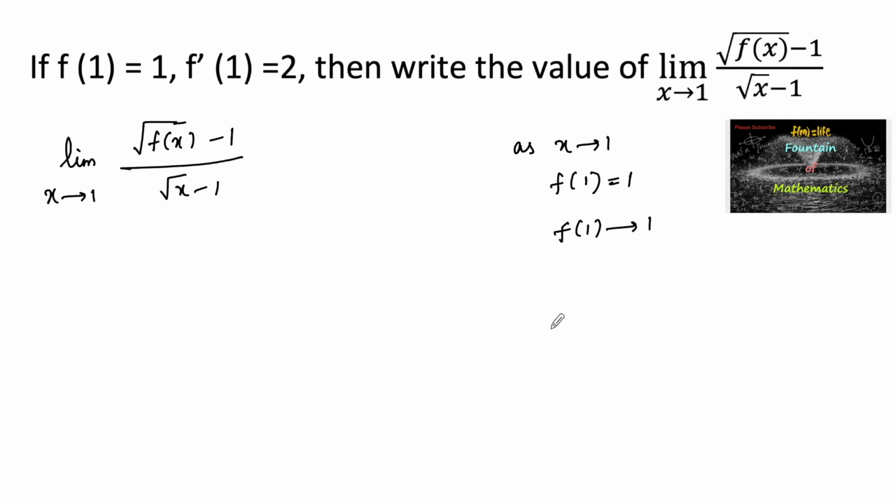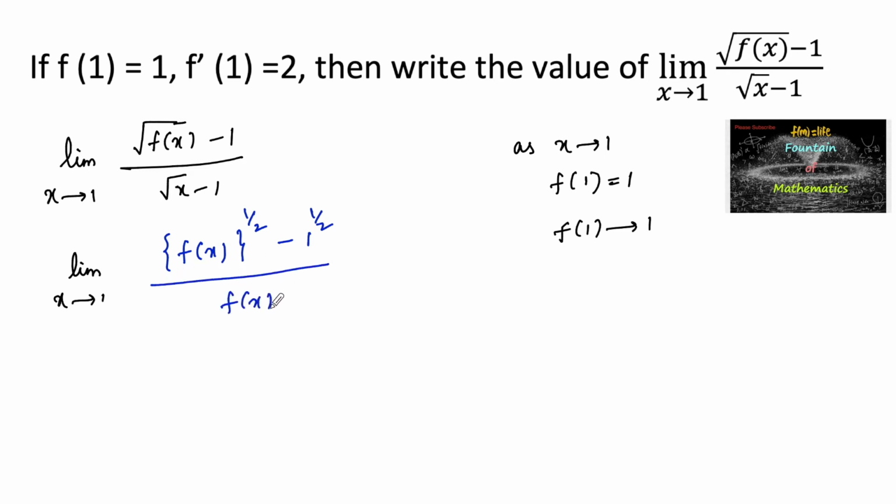We can just make a note, and let us multiply and divide with limit x tends to 1 root over f of x minus 1, which can also be written f of x to the power of 1 by 2 minus 1 to the power of 1 by 2. So let us divide with f of x minus 1.